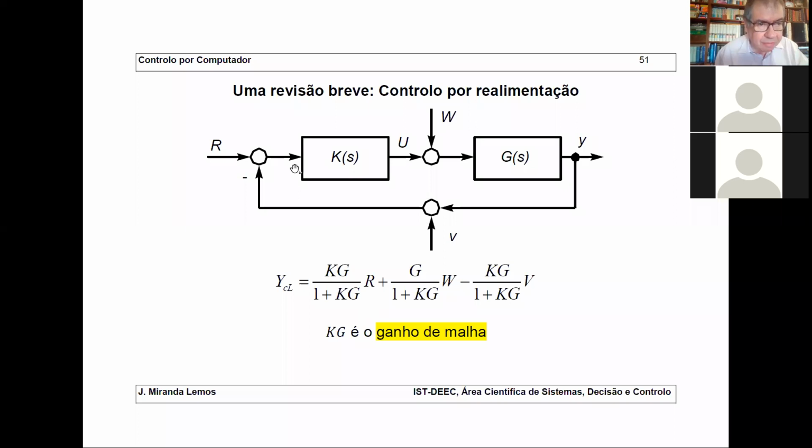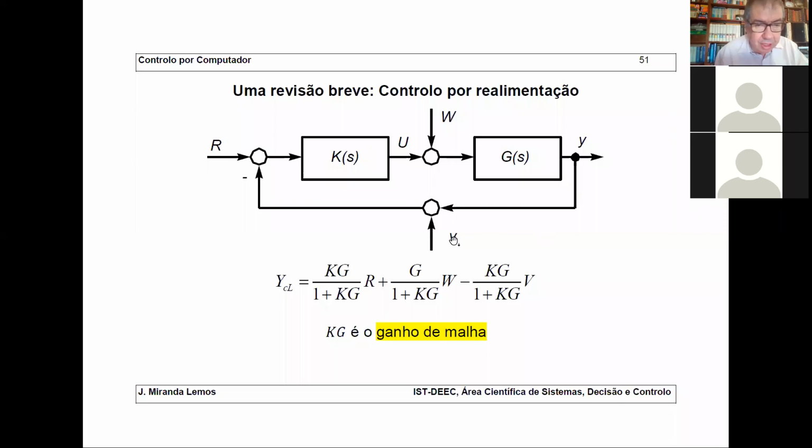Now, when you have R and V equal to 0, you look at the transfer function between W and Y. So now the direct transfer function is just G, and again the loop gain is KG. Okay, so for the loop gain, what you do is you cut the loop at some place and multiply all the gains.